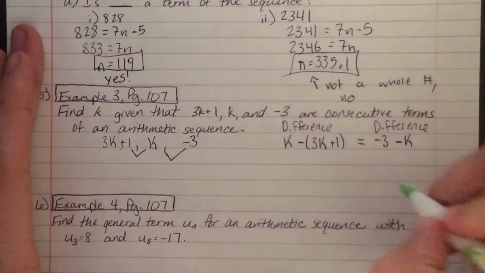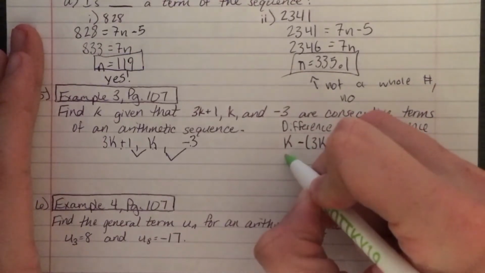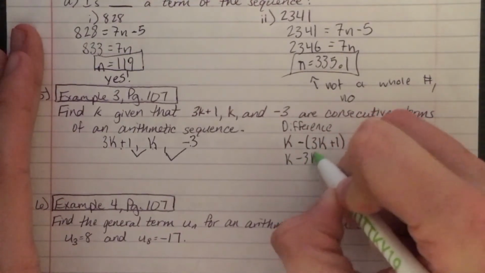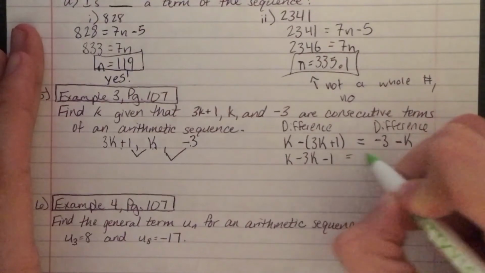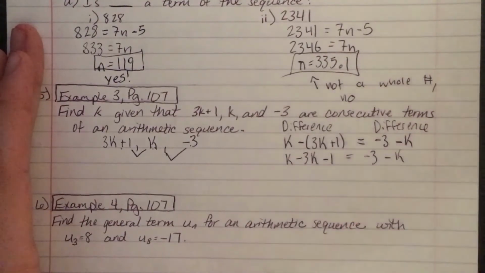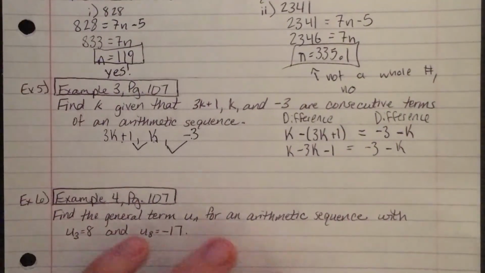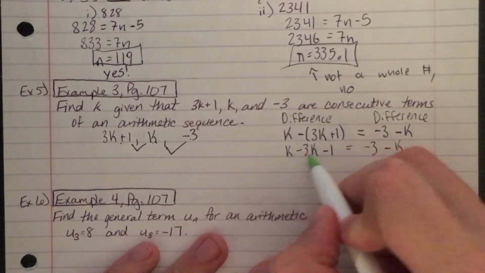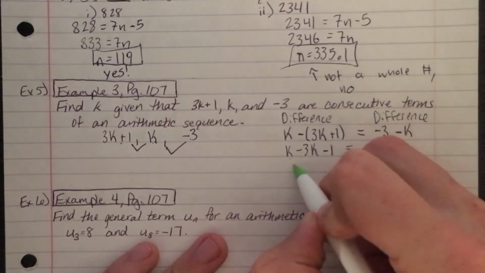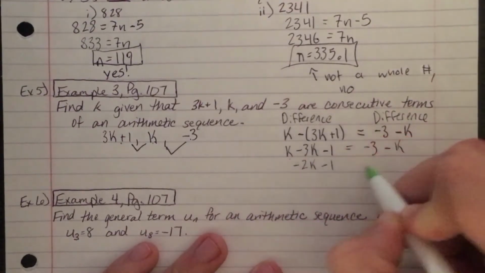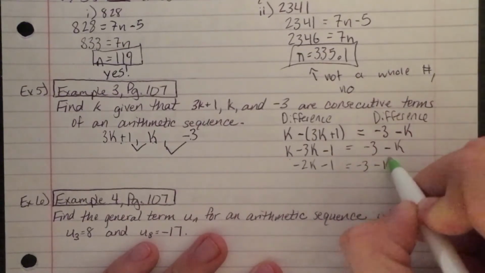So we're going to say, okay, well, this is going to be k minus 3k minus 1 equals -3 minus k. And now we've got to solve it. So k minus 3k is -2k minus 1 equals -3 minus k.